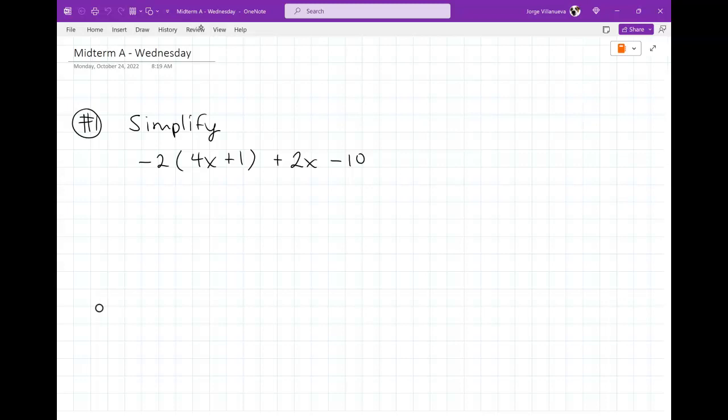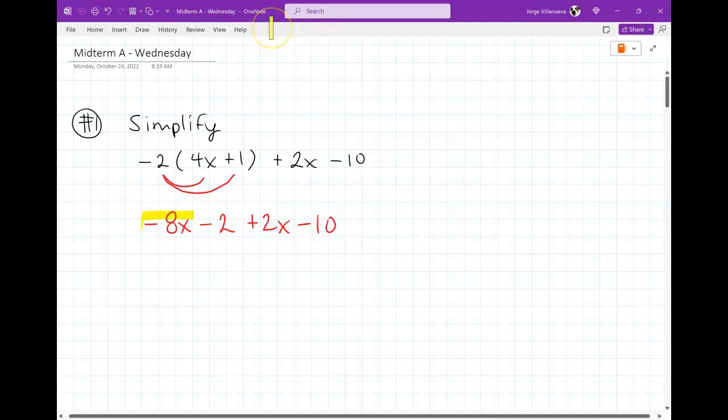So we're going to distribute. I'm going to put it under right here. We're going to distribute negative 2 times 4x. That's a negative 8x. And negative 2 times 1, that'd be a negative 2 here. And I'm going to keep writing the stuff that's left over. Now I have negative 8x minus 2 plus 2x minus 10.